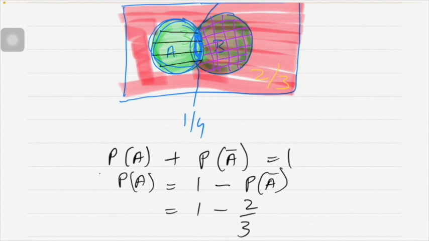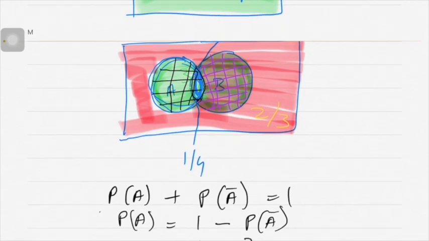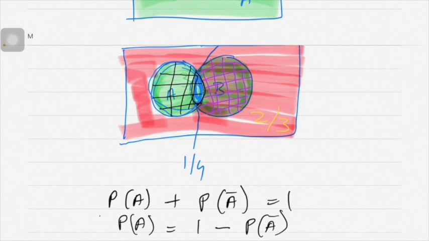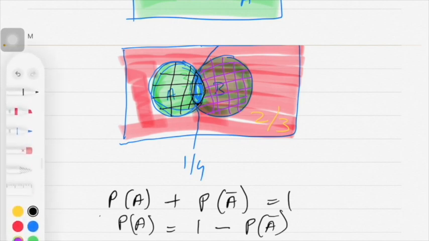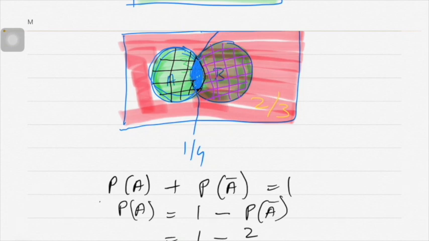When I am saying P of A is 1 by 3, that means this area which I am marking now is 1 by 3. Out of this 1 by 3, this area is already given as 1 by 4, the one I am highlighting now with blue color.